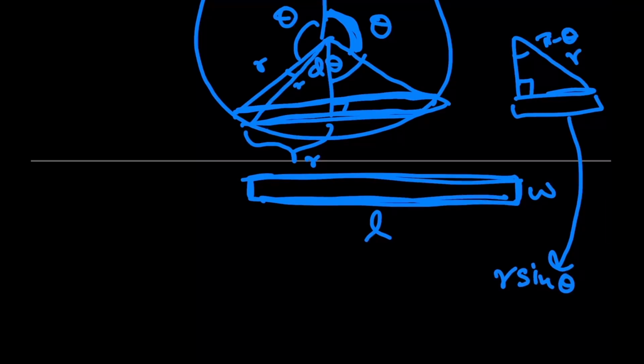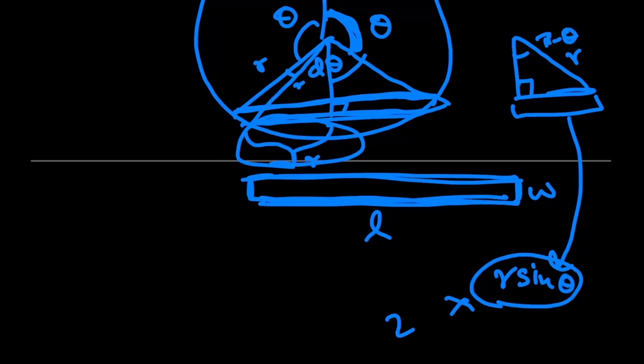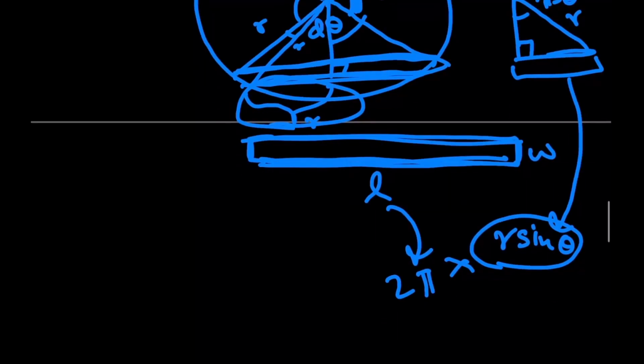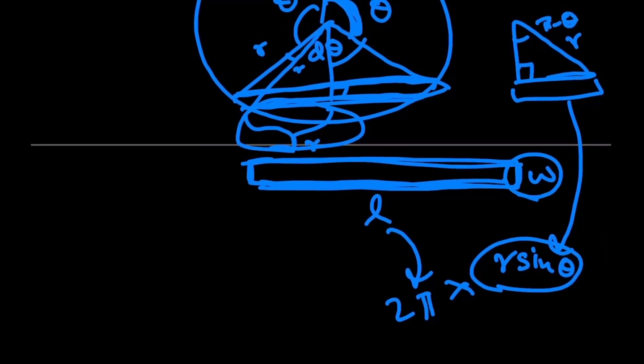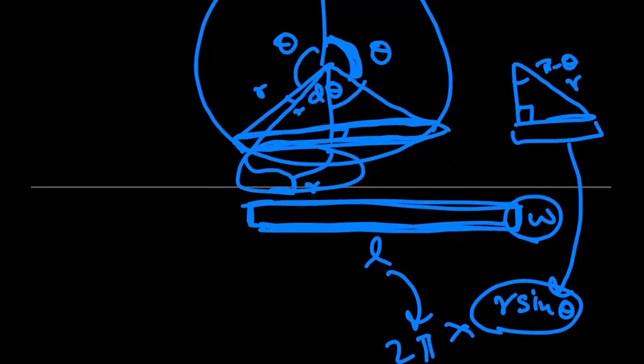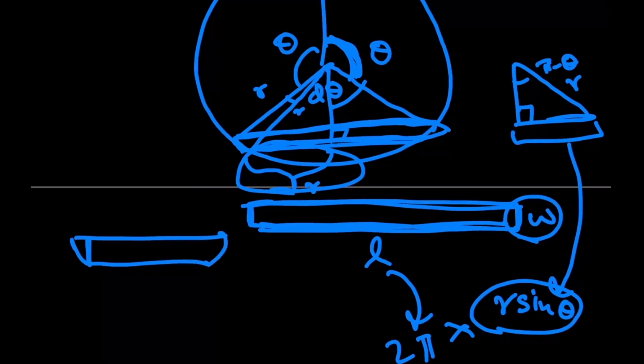Since we want the entire length, and we know that this is just the effective radius of the circle, this radius is going to multiply by 2 pi to get the entire length, or basically the perimeter of the rectangular strip. Now all that's left is the width. If you look at this arc length over here, since I said that we can approximate this arc length to be a vertical straight line, we can just calculate the value of the arc length, which, if you look at this small portion over here, is pretty obviously r d theta.